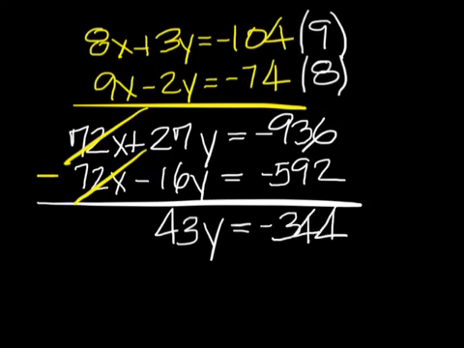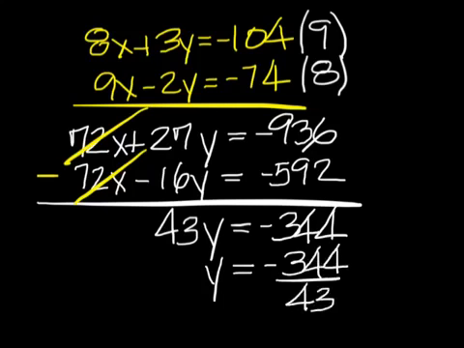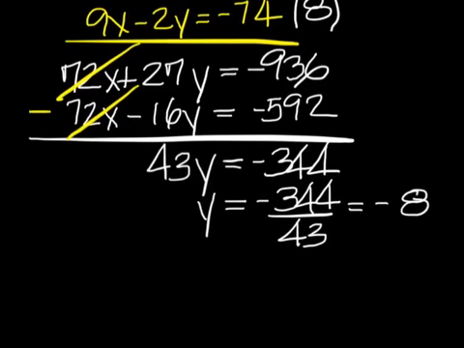Now to solve for y, what do I have to do? Divide by 43. So divide negative 344 by 43, and what do you get? Negative 8. So you have one of your solutions right there. y equals negative 8.